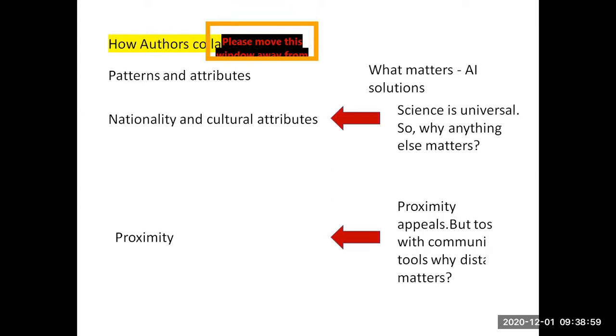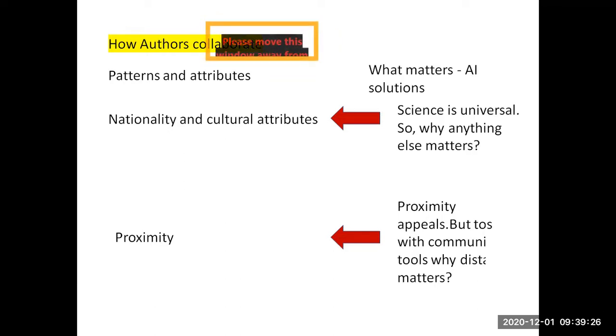Because science is the same, whether it is a Spanish person or a Japanese person, it doesn't matter. Science is universal. However, when it comes to collaboration, there is some link and affinity, cohesion of people belonging to common cultural attributes and nationalities.